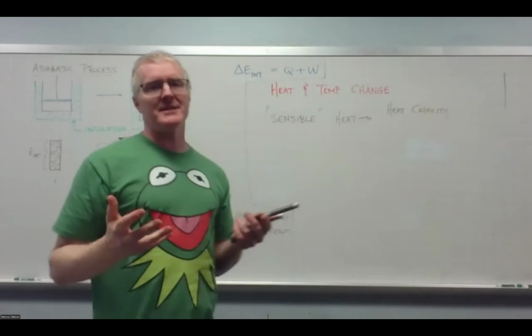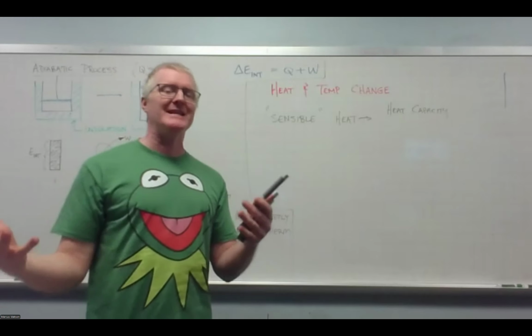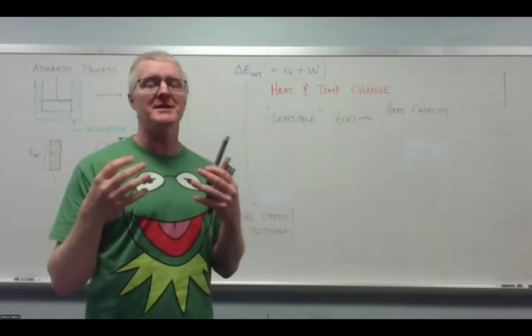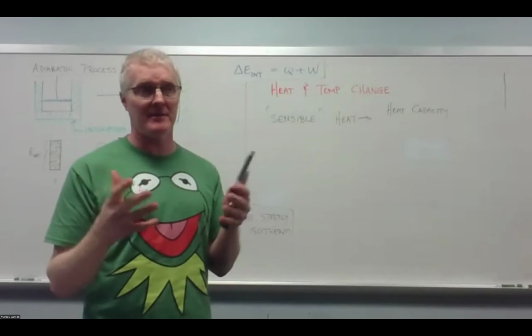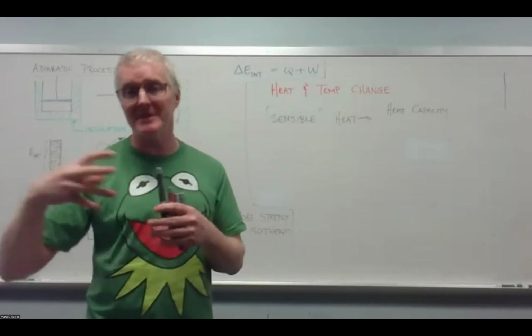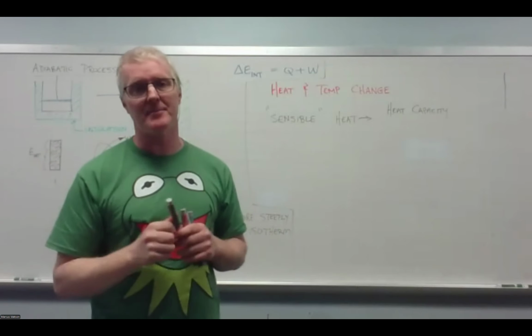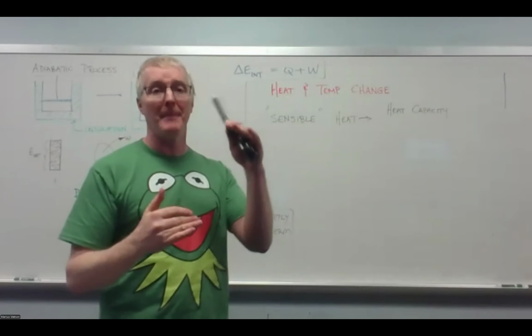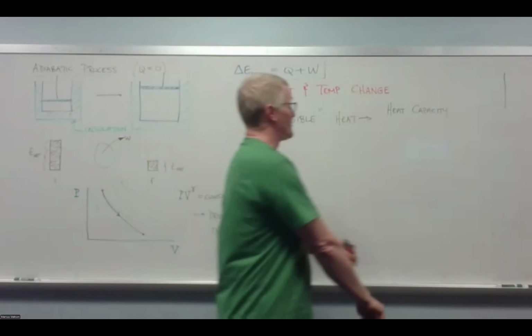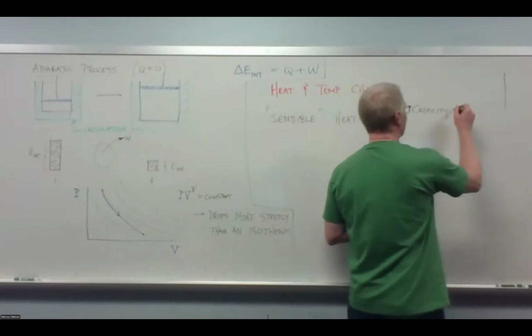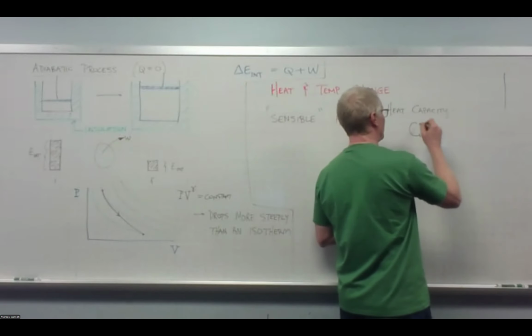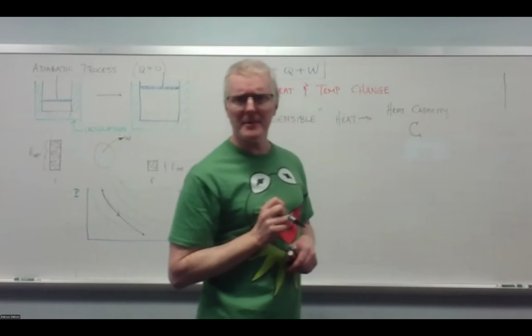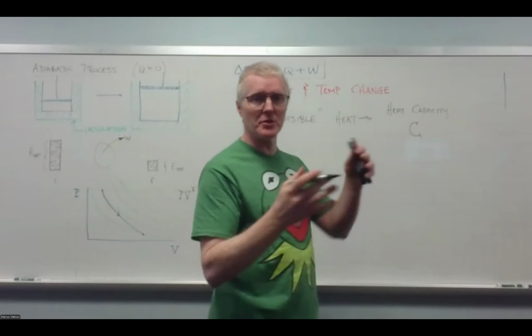The heat capacity is essentially how much heat is necessary to increase the temperature of a sample by a degree, or how much would need to be taken away to drop the temperature of the sample or the system by a degree. So we talk about the heat capacity as C. I'm going to use bars on my C here to show you that it's capital.